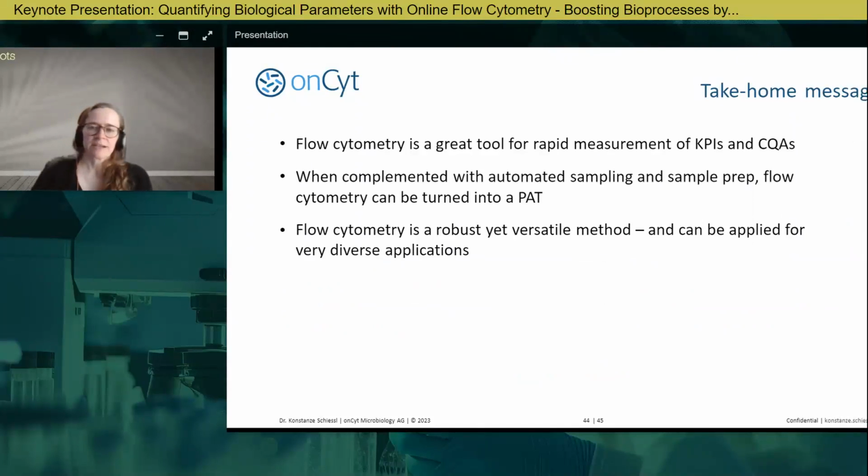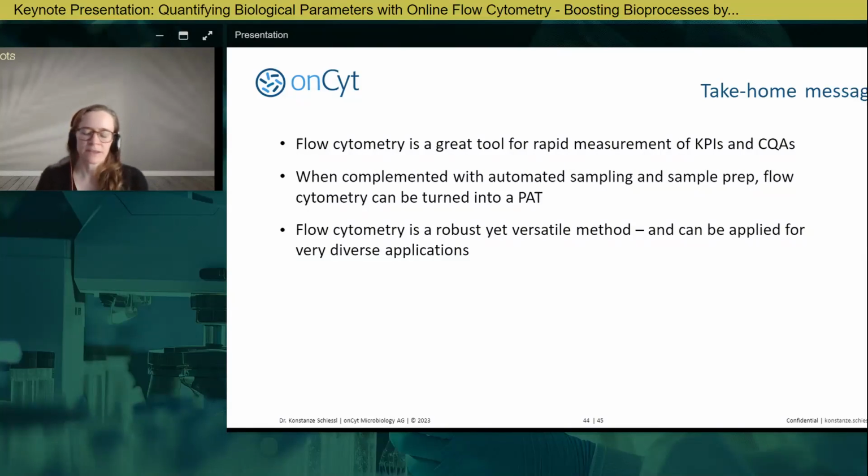Yeah, so I want to conclude. I hope I could convince you that flow cytometry is a great tool for rapid measurements of KPIs and CQAs. And when it's complemented with automated sampling, it can be turned into a PAT technology. It's robust technology. It's very well established, but it's really versatile. So I showed you many different examples.